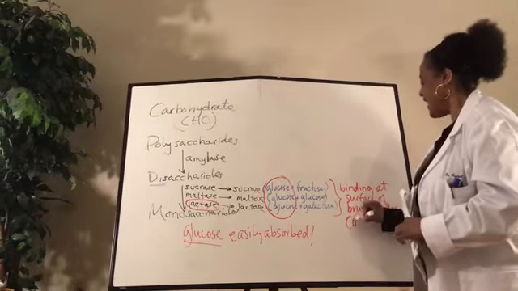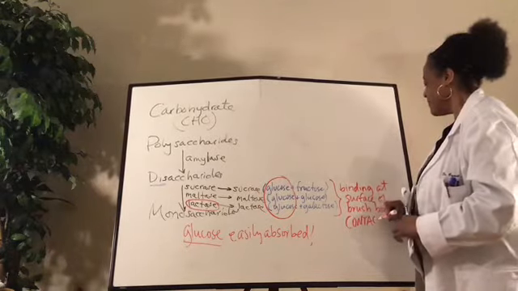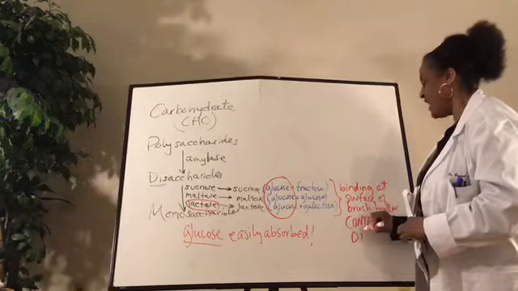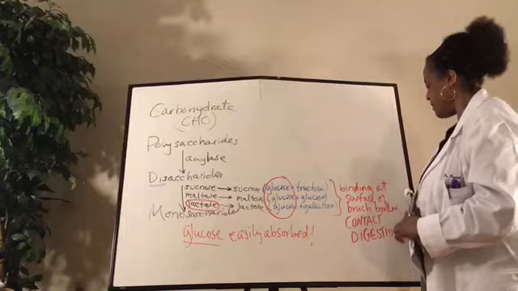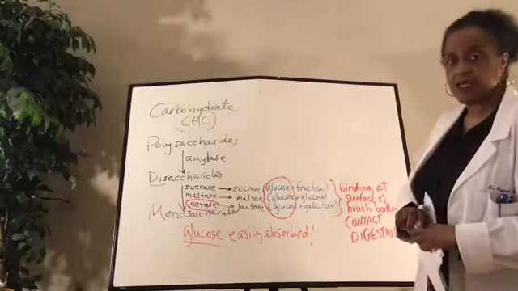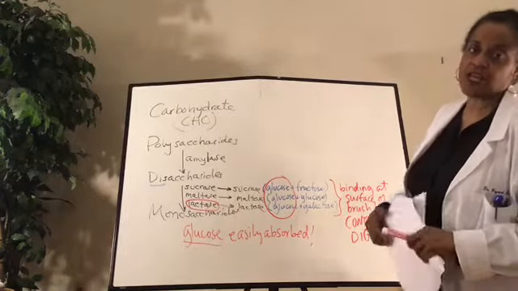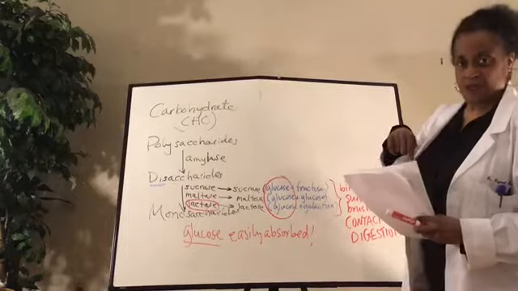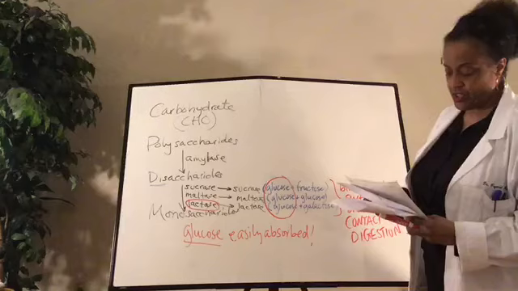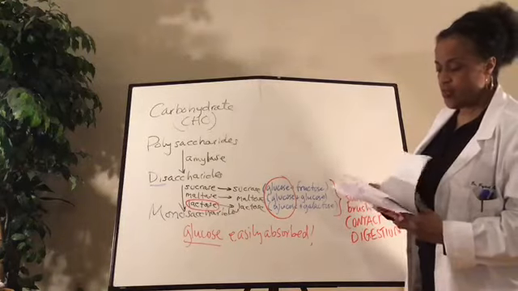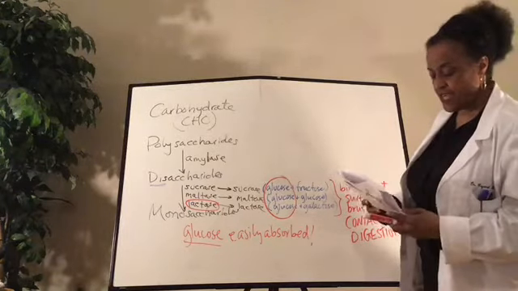This is contact digestion. I think I have a question on that, so don't ignore that when you see it. Contact digestion. And we saw what a brush border looks like because I drew it with the microvilli, and the villi looks like a little brush. Okay, so that is carbohydrate digestion.